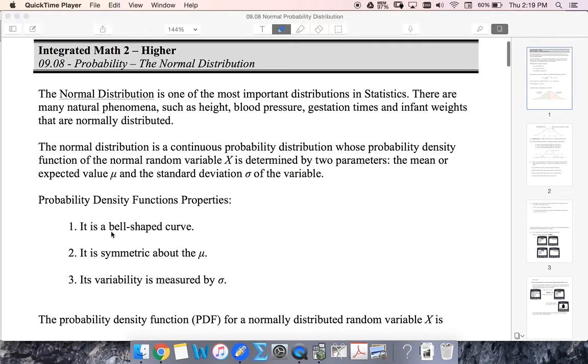So the normal function has these, this just says probability density functions, but this is specific to the normal. So let's pretend like that first letter is an N. All right, bell-shaped curve, symmetric around the mean, and variability measured by standard deviation.